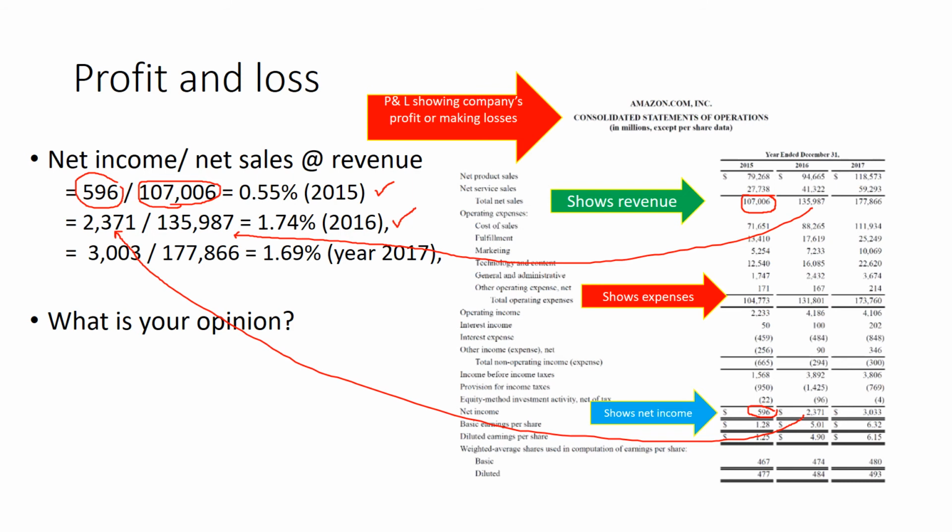And for year 2017, your net income is 3,003. If we divide by the revenue of 177,868, you see that your margin is equivalent to 1.69%. It means that for each 100 ringgit, you get back around 1 ringgit and 69 cents.